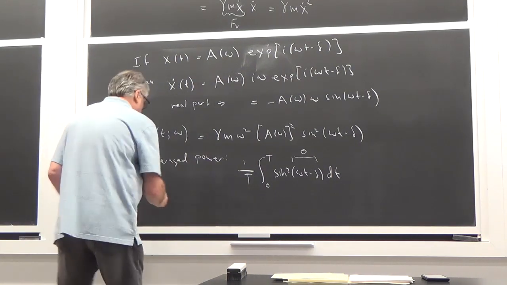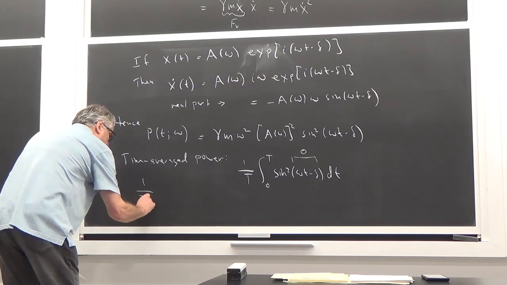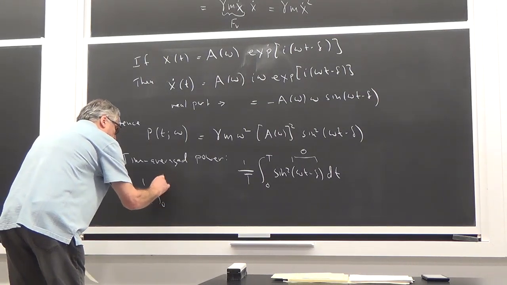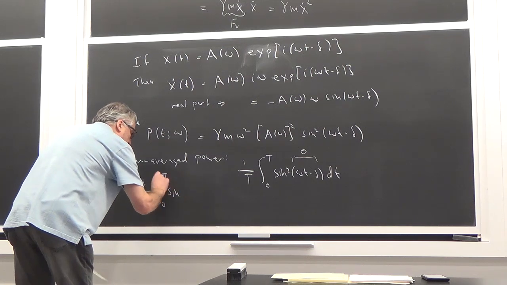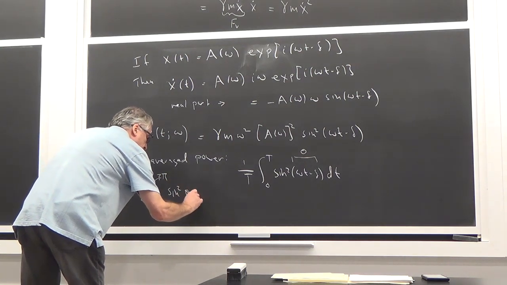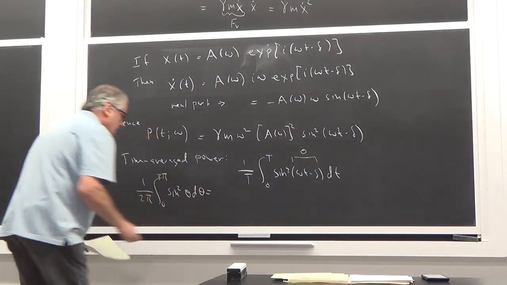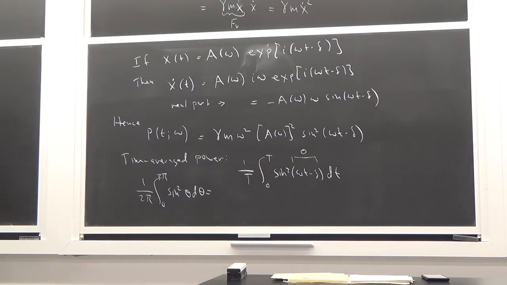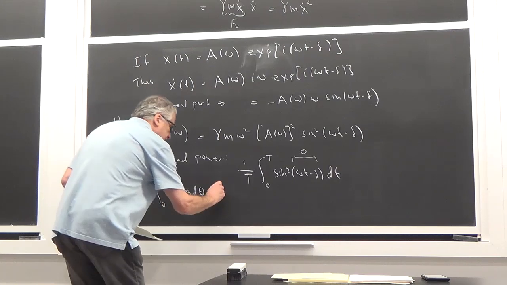So the average of sine squared over one cycle d theta, well, that's just going to be half of the average of sine squared plus cosine squared, which is 1, so it's 1/2 the average of 1 over a cycle, which is just equal to 1/2.